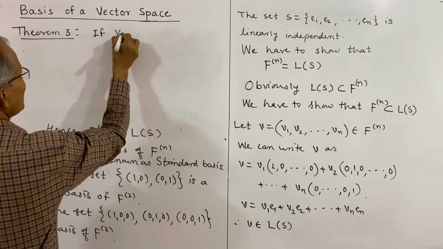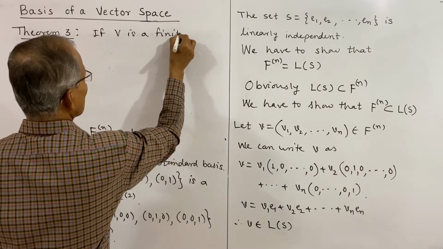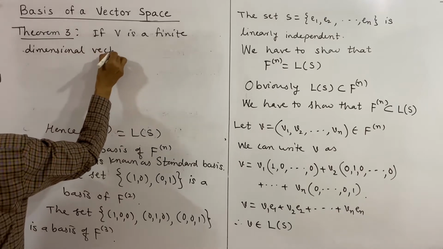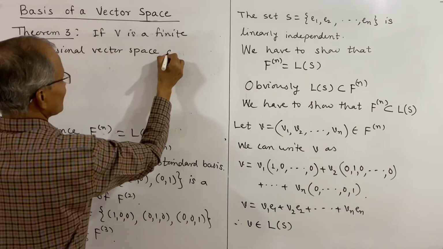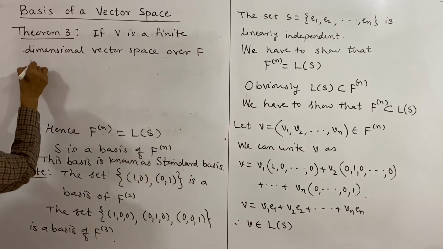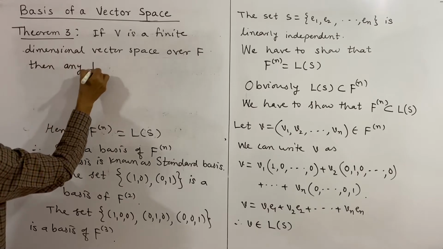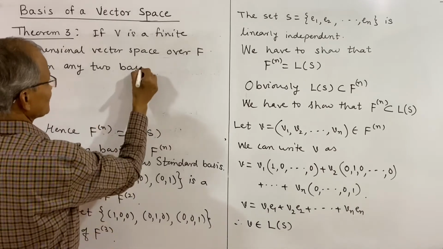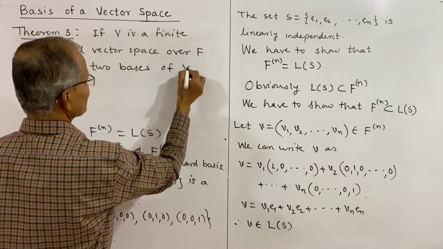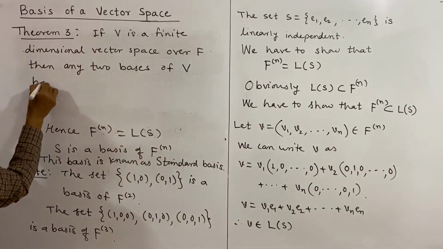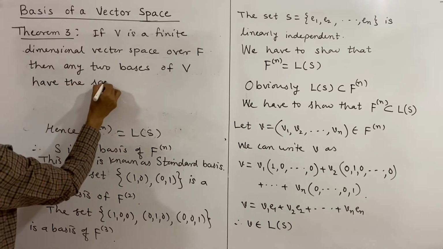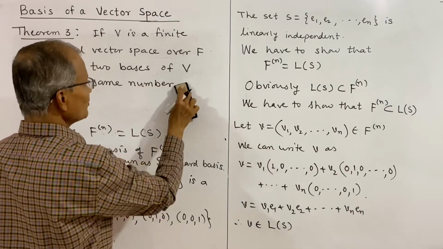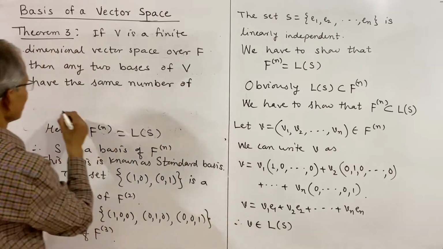If V is a finite dimensional vector space, then any two bases of V have the same number of elements. This is the theorem.